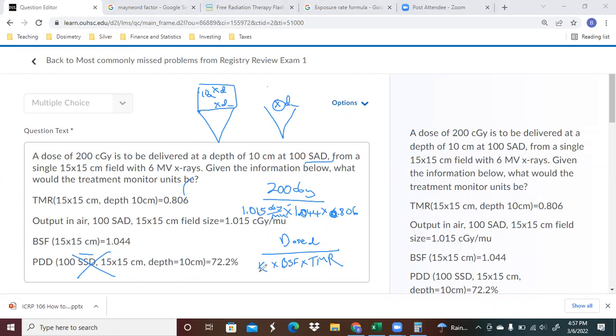That gets us from space into the phantom at Dmax, and then from the Dmax down to another point downstream. Since this is not an SSD setup, we will not be using the PDD.